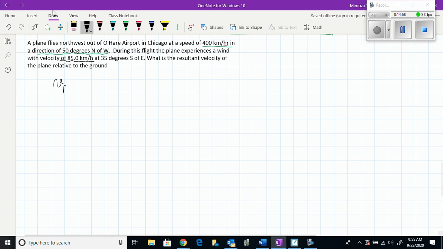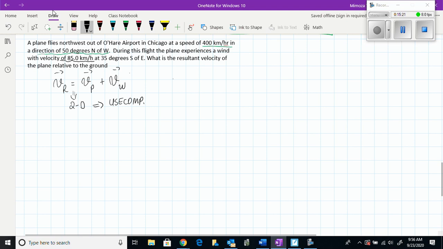We always start with the resultant velocity is equal to the velocity of the plane plus the velocity of the wind. Since this is a 2D situation, we use components.